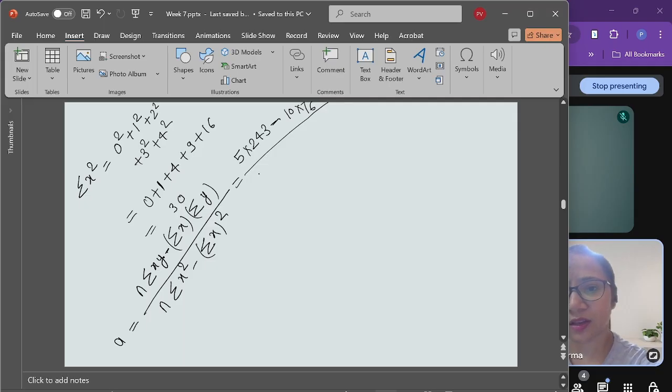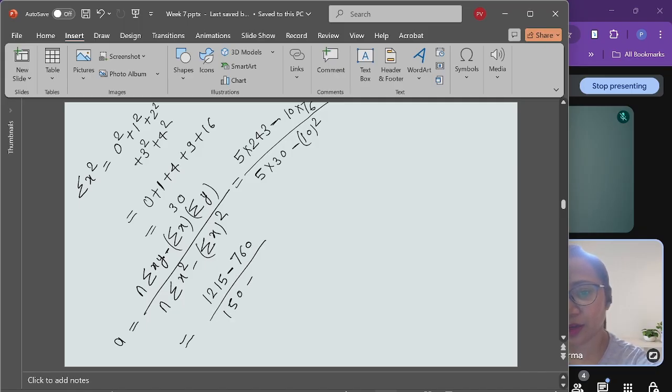In the denominator, 5 into 30 minus 10 whole square. If you calculate here, you will get 1215 minus 760 divided by 150 minus 100. So you will get 455 divided by 50. You will get 9.1 here.